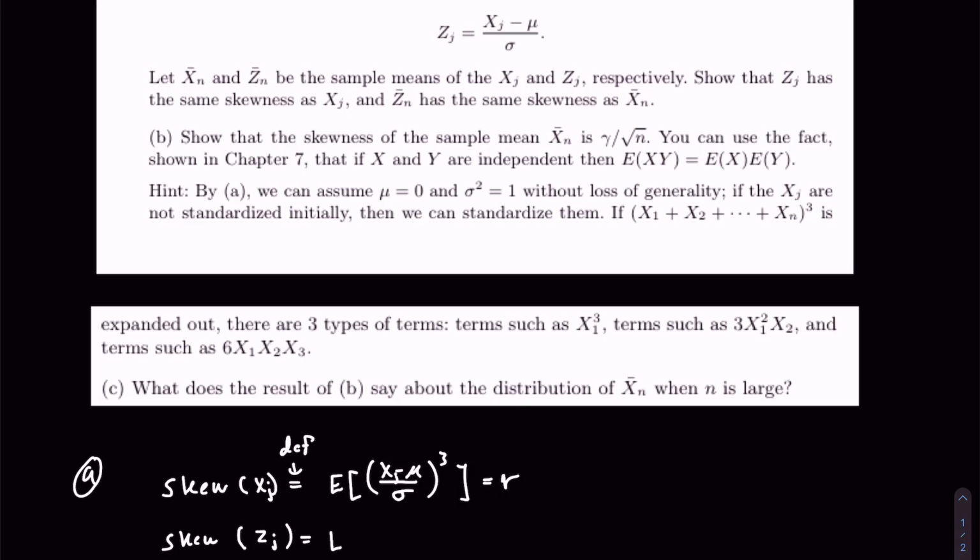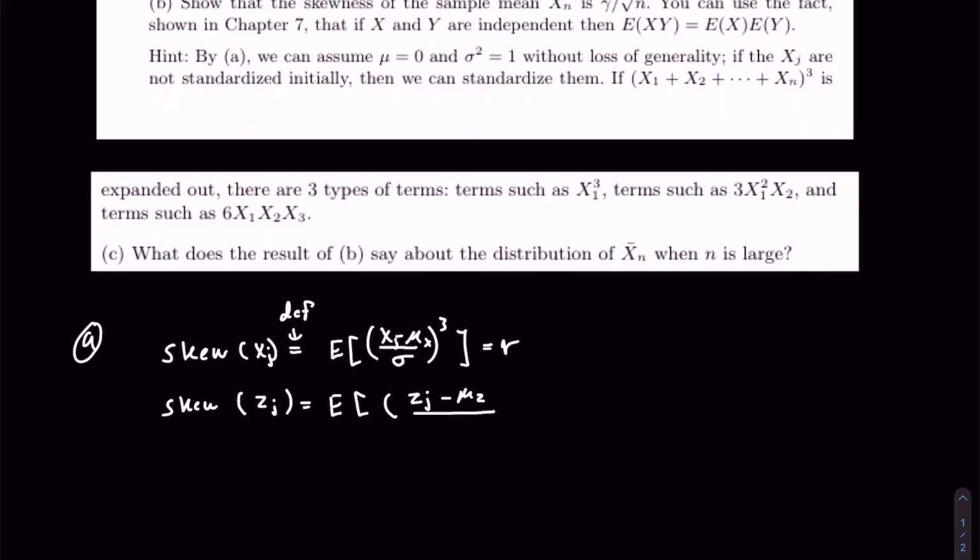So now by definition, again, what's the skewness of this zj-th variable? I'm going to write mu z here to signify that this is the expectation for z. The same should be here, expectation for the x variable.